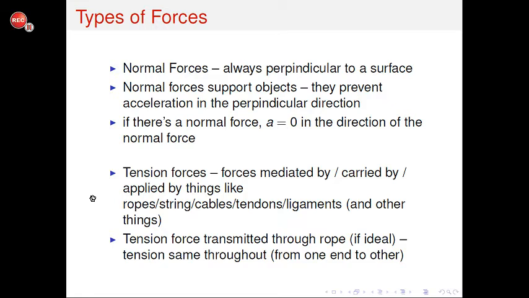If there's going to be a formula, you're going to relate the tension at one end of a rope or a cable or a ligament or whatever it is. You're going to relate it to the tension at the other end, which will generally be connecting two objects in some way. So when you see normal forces and tension forces, you just think of two objects that are in some way connected or interacting with each other.